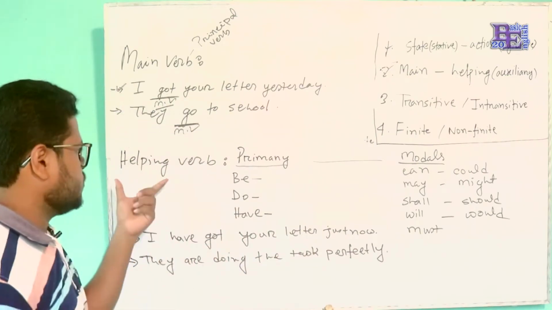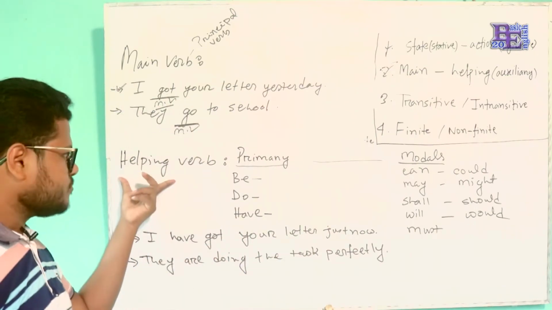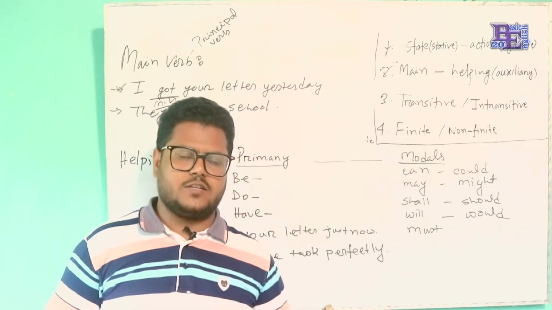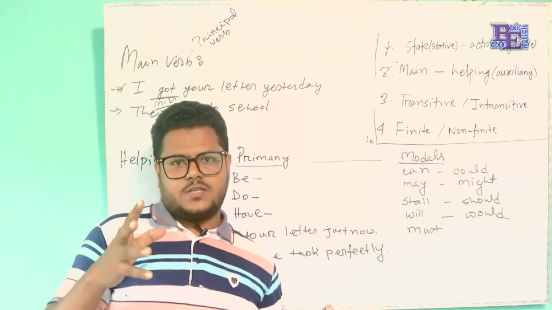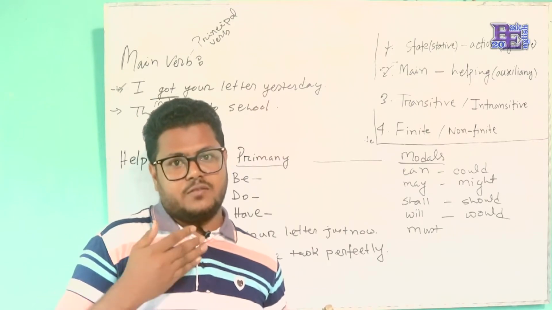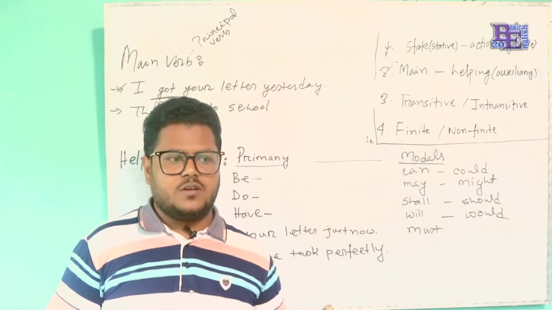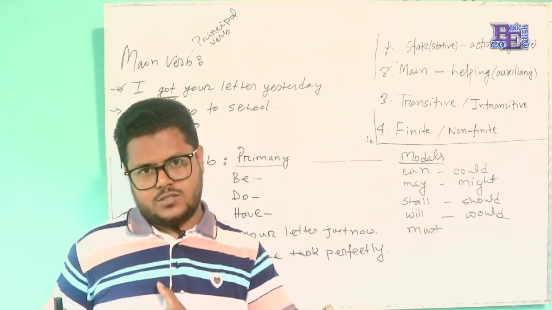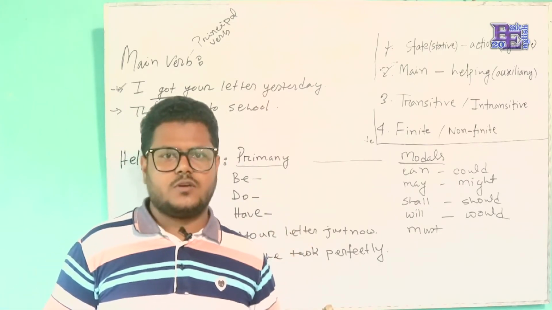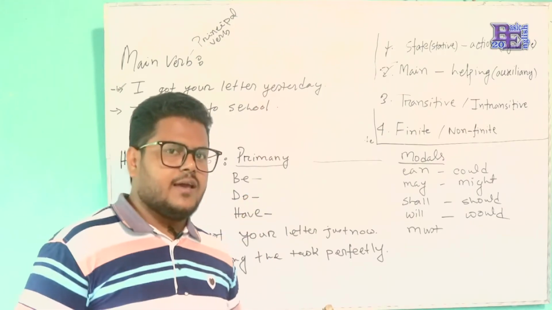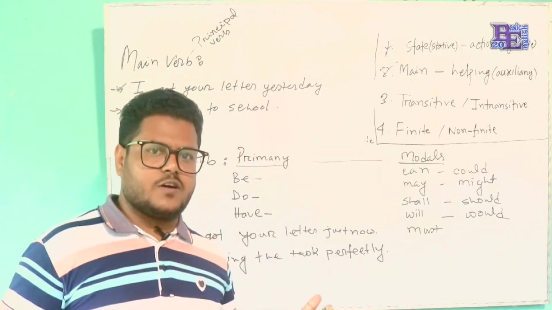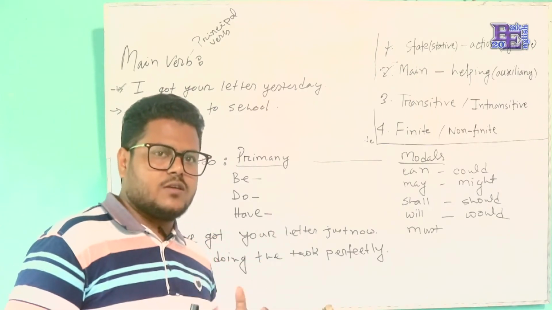Let's see the next one, helping verb. You know the definition of this, that is, the verbs that help the main verb to express the tense, mood or voice are called helping verbs. That is, helping verbs are used to help the main verb in expressing the tense.